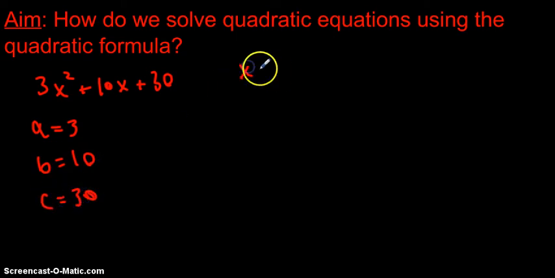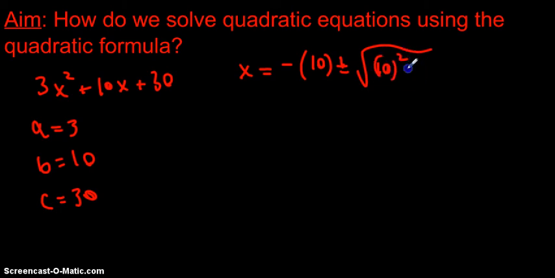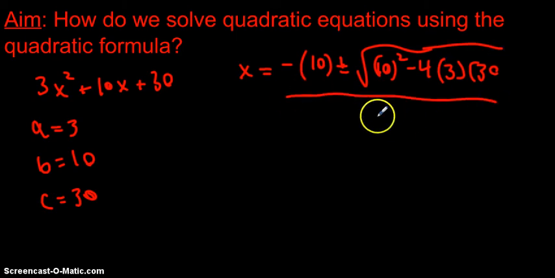So x is going to be equal to negative 10 plus or minus the square root of 10 squared minus 4 times 3 times 30, all of that over 2 times 3.